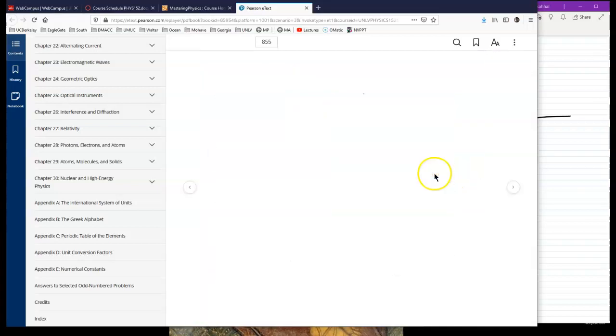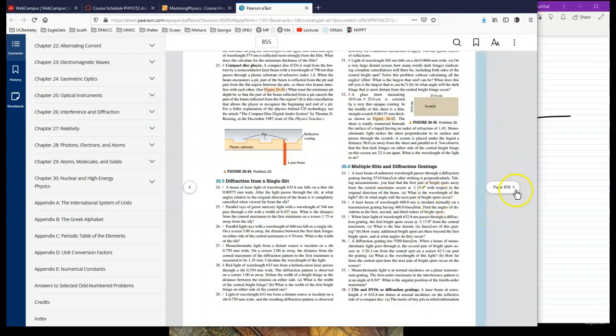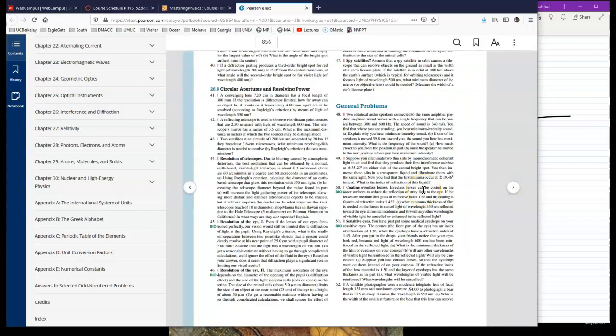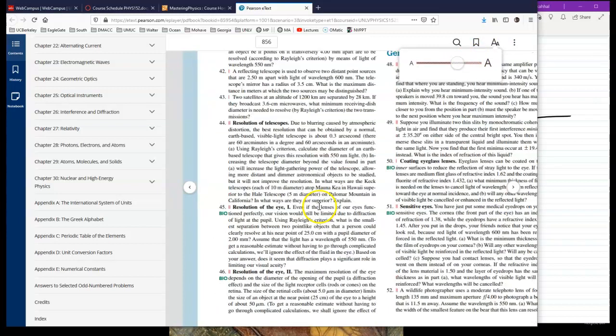It's right here. Let me make it bigger. There we go. Okay, this is the one right here. I think you can see it with the mouse right here. Okay, let's read it together.